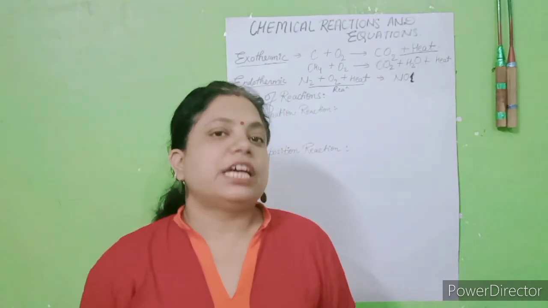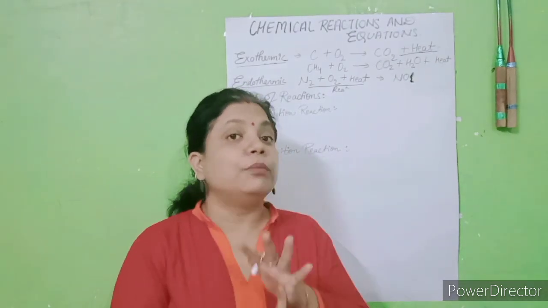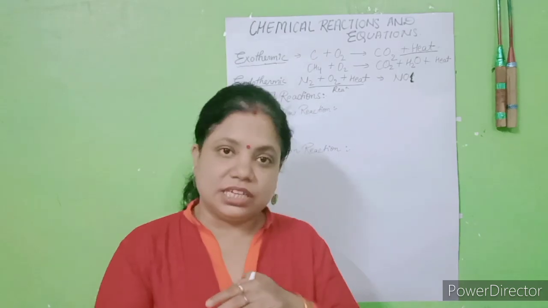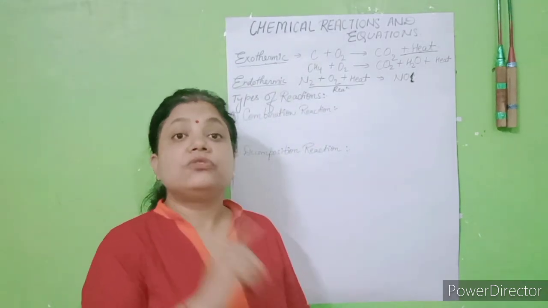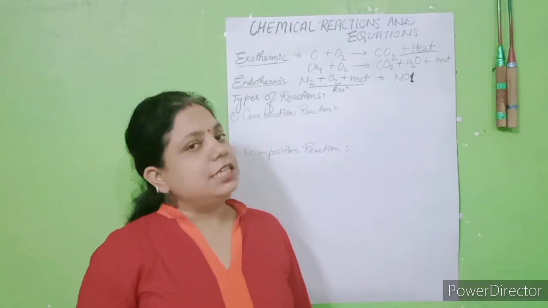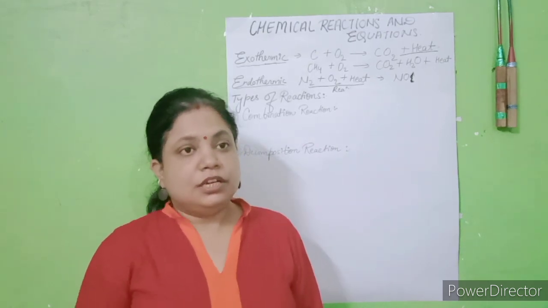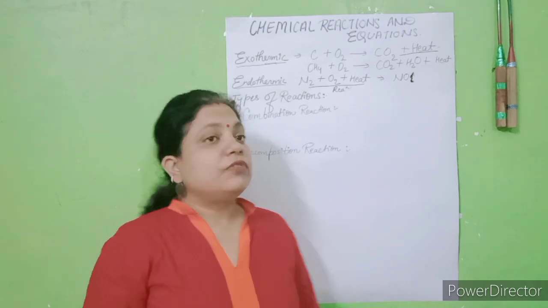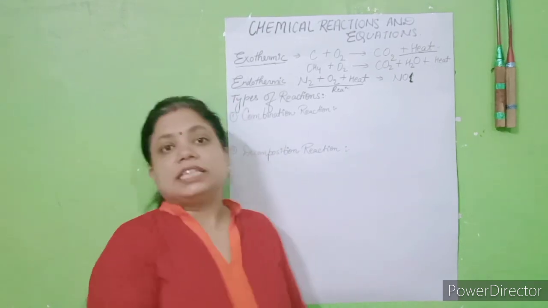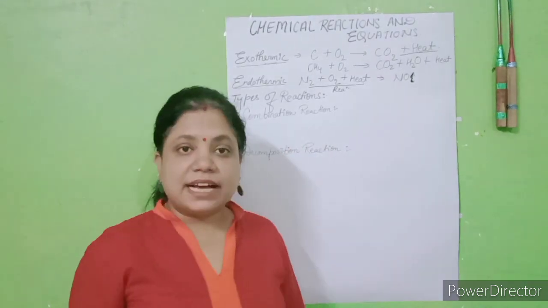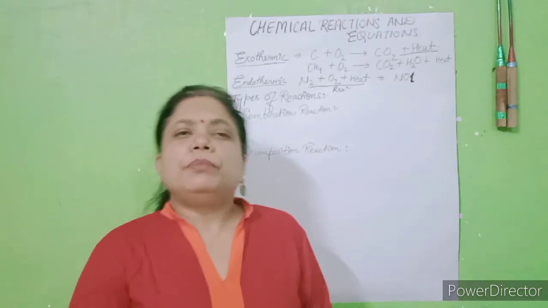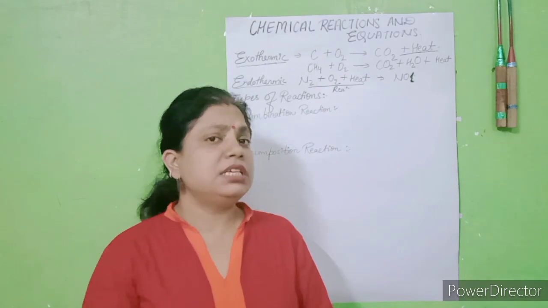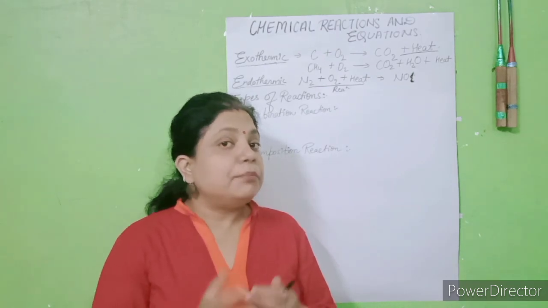There are different types of reactions, students, like combination reaction, decomposition reaction, displacement reaction, double displacement reaction, neutralization reaction, oxidation and reduction reaction. But today only two types of chemical reactions we will discuss, that is combination reaction and decomposition reaction. Students, combination reaction. Combination means to combine.